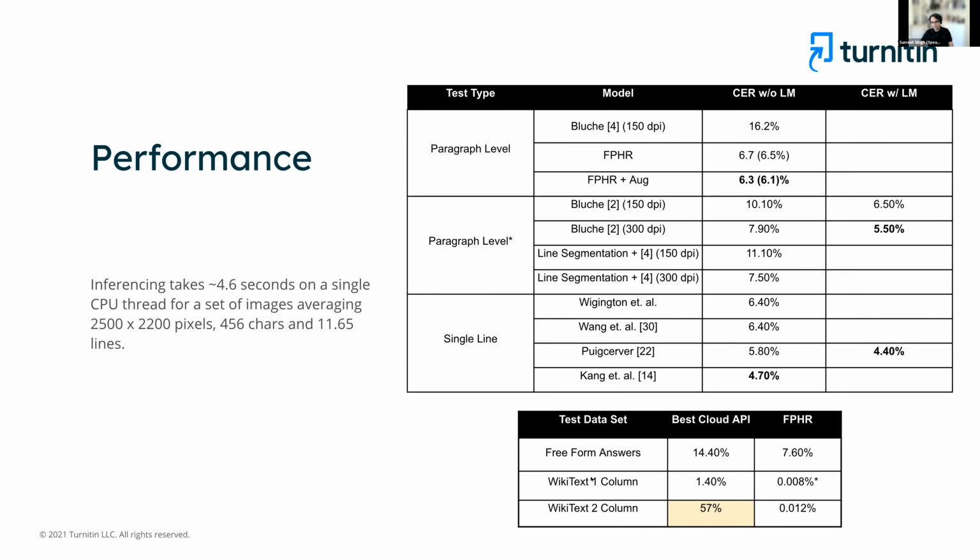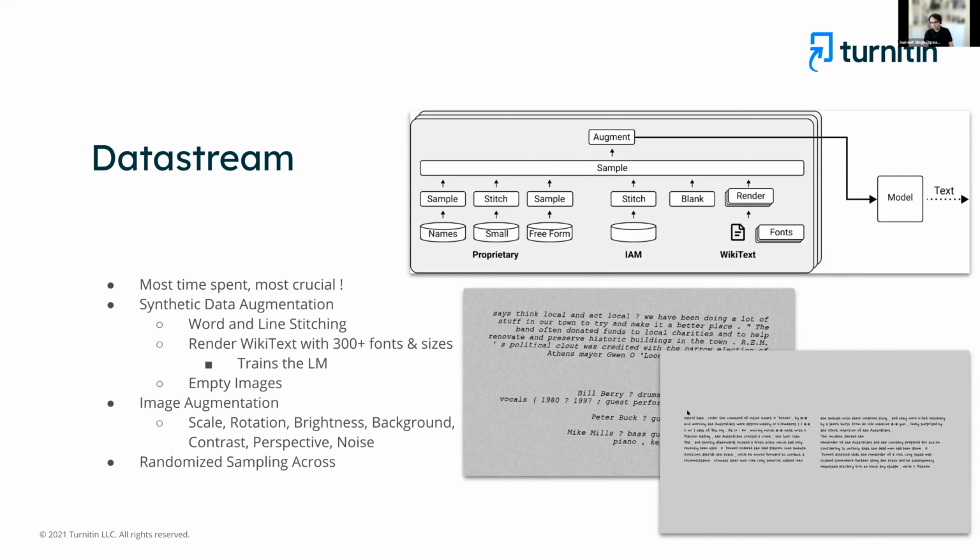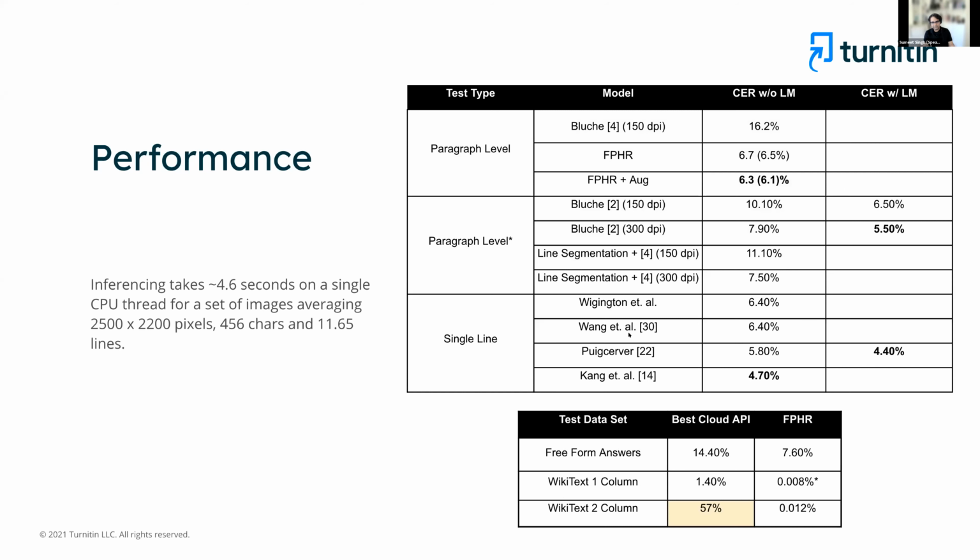And the reason is that they are actually concatenating these lines in the two column data. In the one column data, it's fine. It works pretty well. But for two columns, they just concatenate it. And that basically shows that that's what models are doing under the covers. And that's one of the big problems that we've tried to solve with ours.